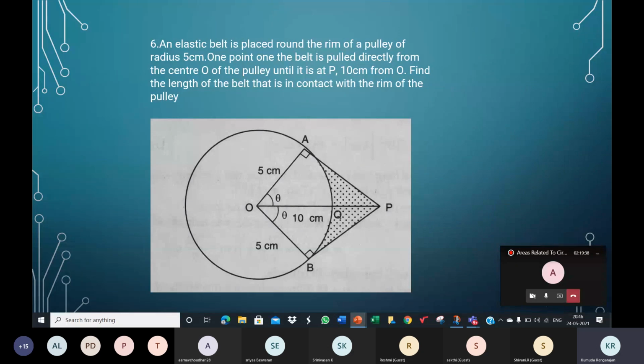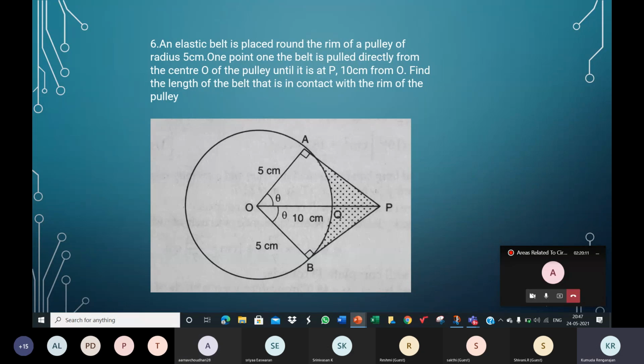It should be given. The figure is provided if the number is mentioned with reference to a figure, but there's no mention of that. But then there's this question, find the area of the shaded region. So since we have to find the area of the shaded region, I assume that the figure must be given to you.